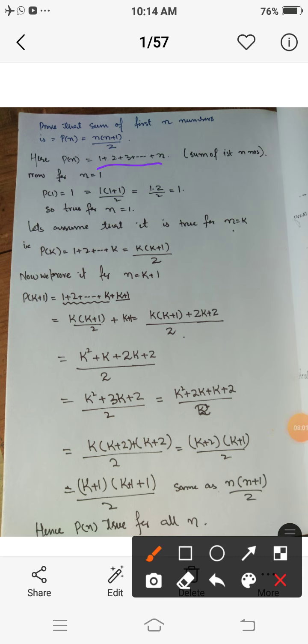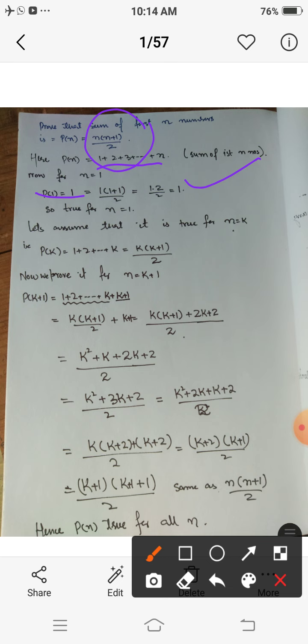Now for n equals 1, p of 1 is simply 1, which is the same as if we put 1 into 1 plus 1 upon 2, that is simply 1, which implies that LHS is RHS, which implies that p of 1 is 1 into 1 plus 1 by 2.